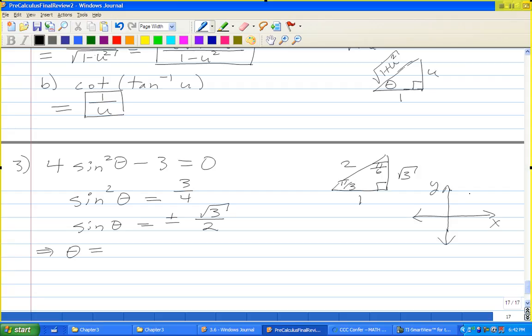For the sine to be positive, you want to be in the first, second quadrant. And for the sine to be negative, you want to be in the third and the fourth quadrant. Okay. So sine, I want sine to be, and so it's pi over 3.